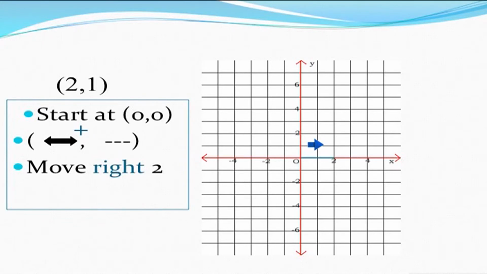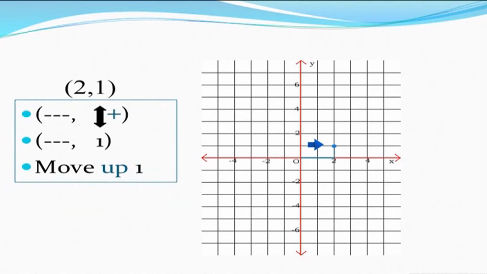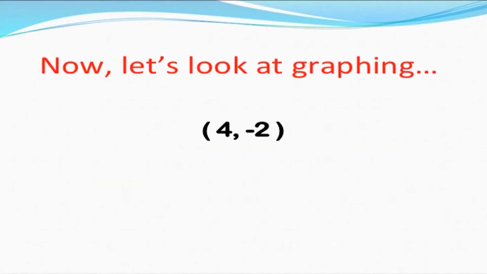Now 1 is to be represented with the help of the vertical axis. So we move up 1 point from the origin, and the point will be represented by the intersection of the line raised vertically from point 2 on the horizontal axis and the line drawn horizontally from point 1 on the vertical axis.